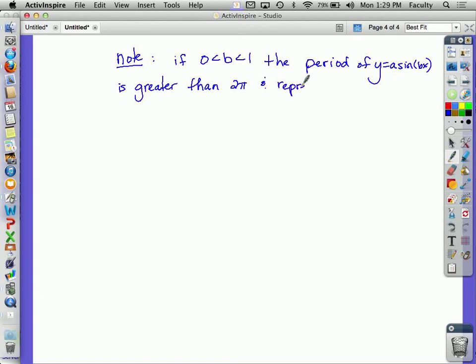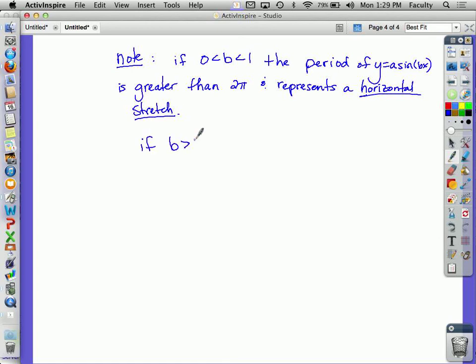And represents a horizontal stretch. So for example, if you had 2 pi divided by 1/2, that's 4 pi. That's going to stretch your graph out further.